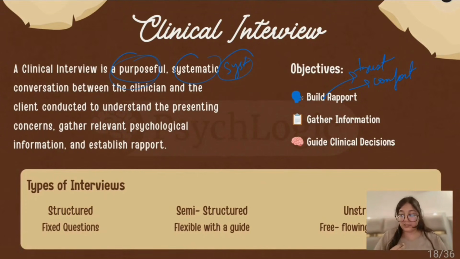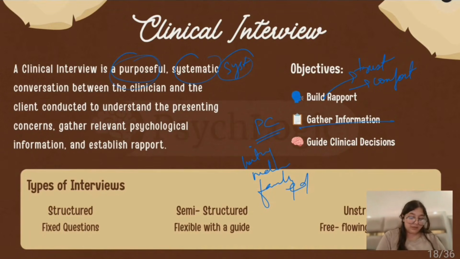Your confidentiality is maintained, things like that. Then we gather information. We gather information like presenting complaint, history of the present illness, their medical history, their family history, their educational history, their occupational history, their social relationships, their present circumstances, their strengths, their coping mechanisms, things like that.